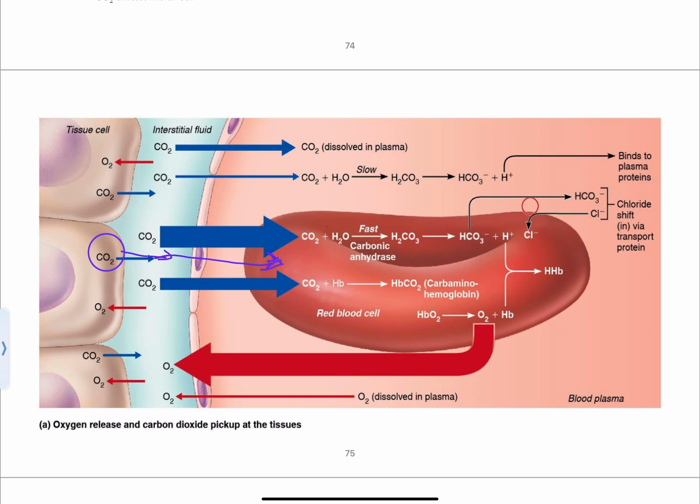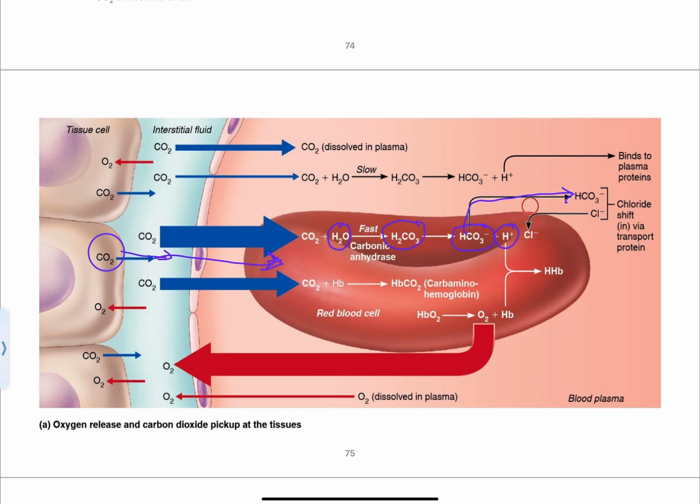As soon as it enters into the erythrocyte, it's going to combine with water very, very quickly and form the carbonic acid right there. Carbonic acid is very unstable and will quickly dissociate into a bicarbonate ion and a hydrogen ion. So we want the bicarbonate ion to go out into our blood plasma. That's exactly what it does. It leaves and goes back out into our blood plasma.